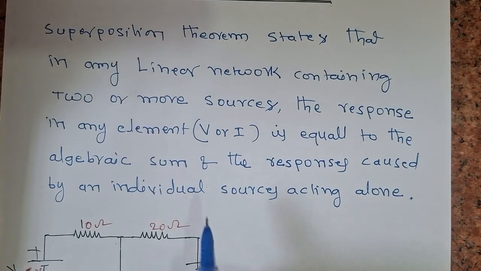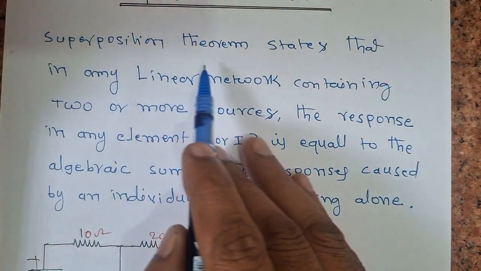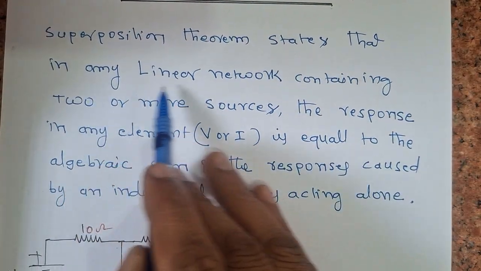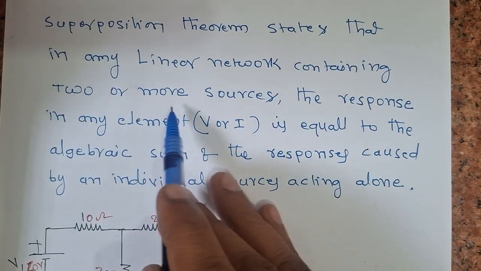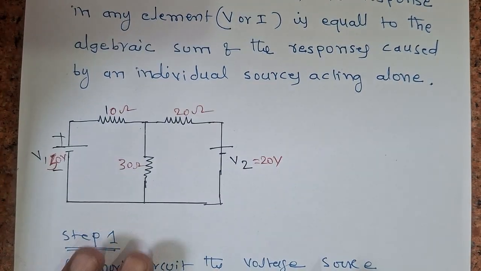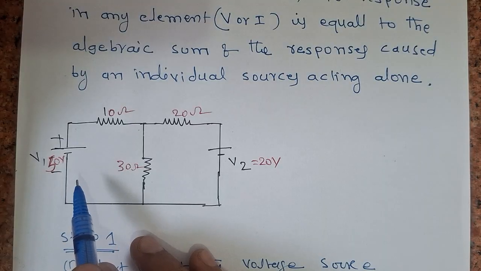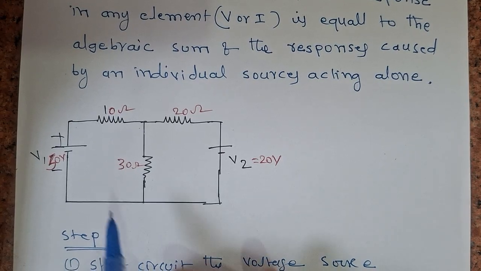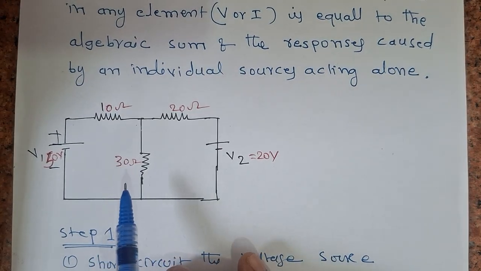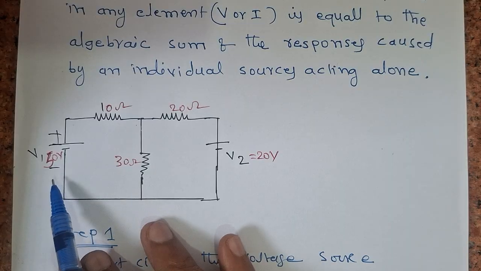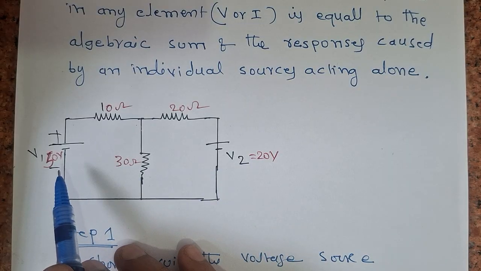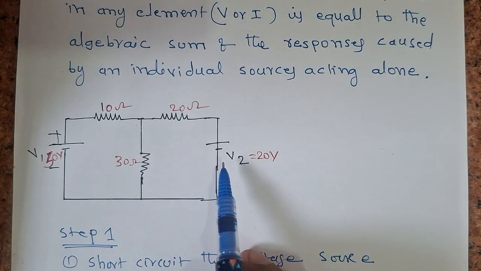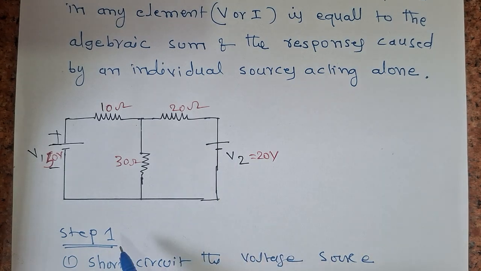Once again I'll repeat, the superposition theorem states that in any linear network containing two or more sources, the network should contain two or more voltage sources or current sources, or a combination. For example, this circuit consists of two voltage sources, minimum two, maximum any number.